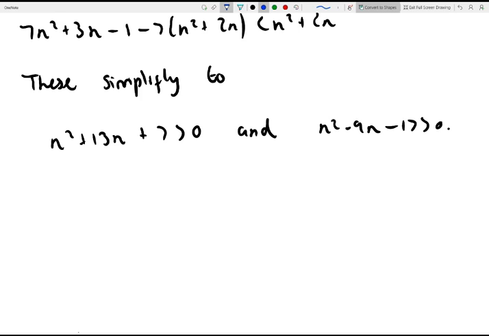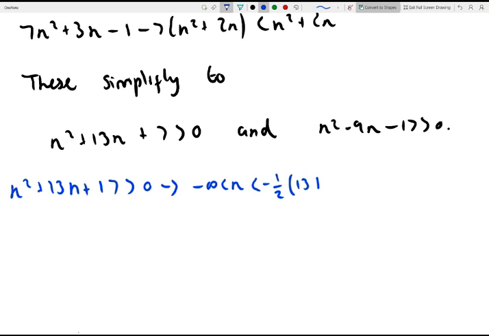Okay, now I'm going to split these up in colours and you'll see why in a minute. So n squared plus 13n plus 17 is less than 0. Gives us the following ranges for n. So n wants to be greater than minus infinity, but less than negative a half times 13 plus root of 165.